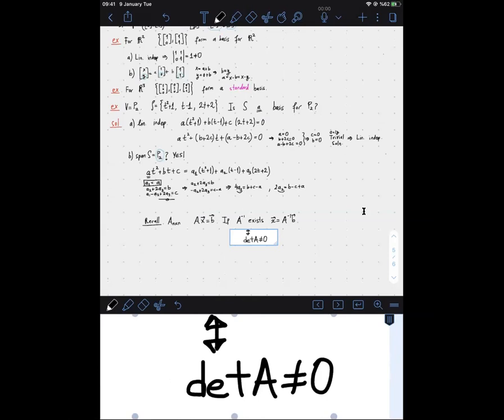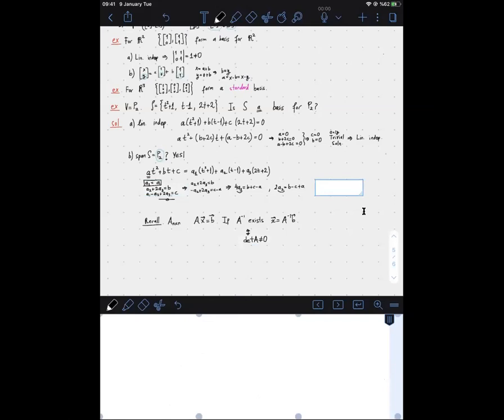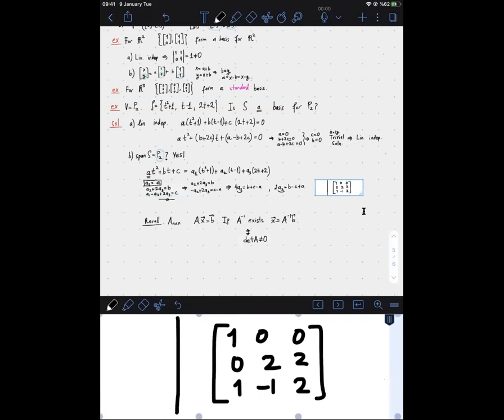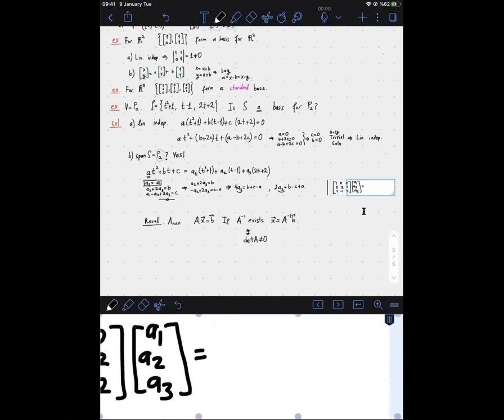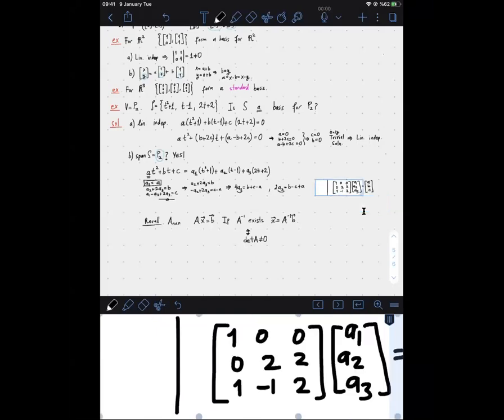So now let's look at this equation. This equation over here is really something like this: the matrix with rows 1, 0, 0; 0, 2, 2; and 1, minus 1, and 2, times A1, A2, and A3, equals A, B, and C. So this equation has a solution for any given A, B, C if and only if the determinant of this matrix is non-zero.